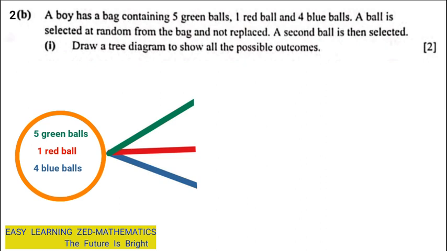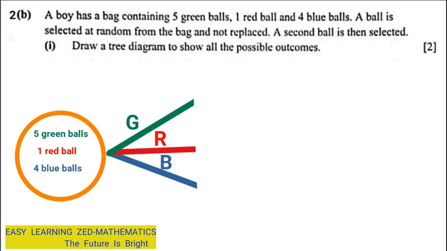So we can say G, that is that line, G stands for green ball, and that means that the ball that was selected was green, and the red line stands for a ball that was selected is red, and blue stands for the blue ball.